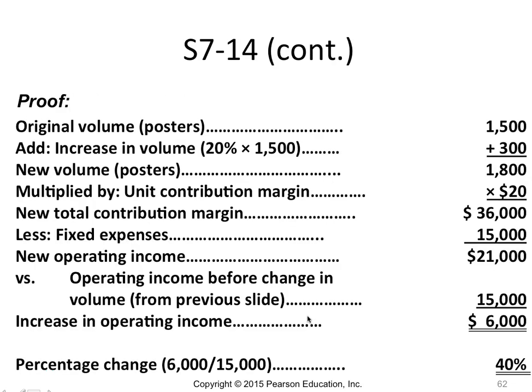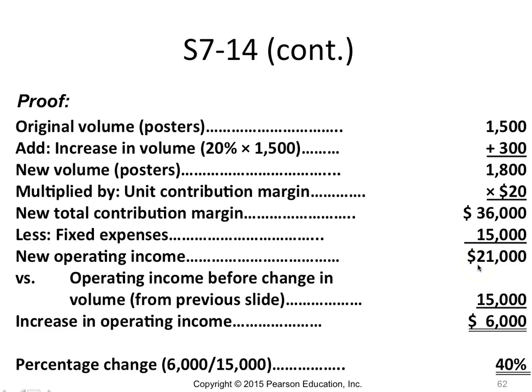Okay. So to prove that, original volume is 1,500 posters plus the 20% increase, which is 300, and the new volume is 1,800. So if you put it together, it's new volume multiplied by unit contribution margin, $20, as we had there. New total contribution margin is here, and the fixed expense is the same.